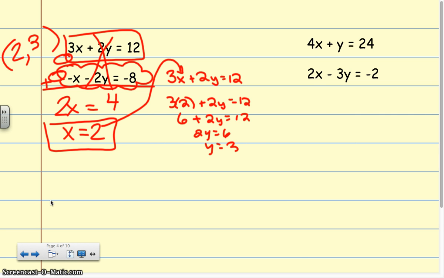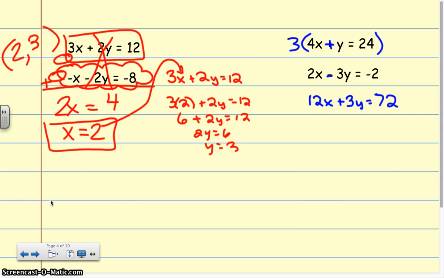Okay? And I look here, I have a negative here, and I have a positive. So they're opposite signs. I can make this equation an opposite of negative 3 by timesing through by 3. Okay? So I get 12x plus 3y is, what's 24 times 3? 72.